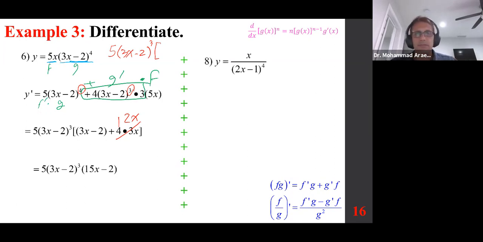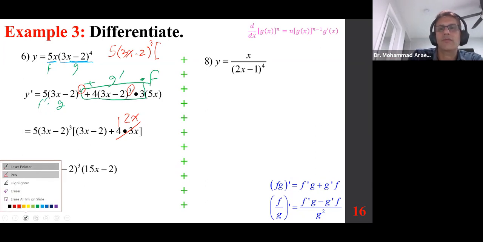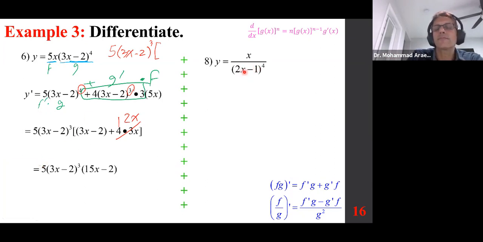Here's the last question. You use the quotient rule, and because the denominator is a function of x, you use the chain rule as well. So combination of the two. So we are looking at this quotient rule first. The derivative of the top is 1 times the bottom minus.